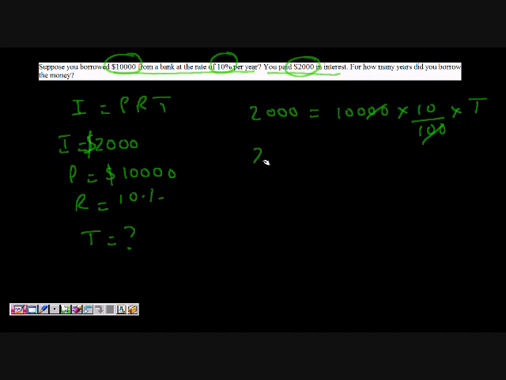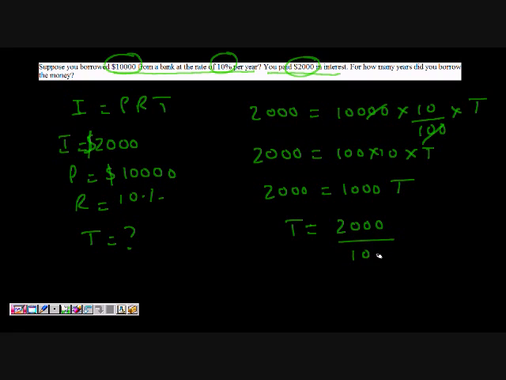So 2,000 is equal to 100 into 10 into T. So 2,000 is equal to 1,000 T, or T is equal to 2,000 divided by 1,000, which is 2 years. So basically it took 2 years for you to pay the $2,000 in interest on the $10,000. So you took 2 years to pay the amount back.